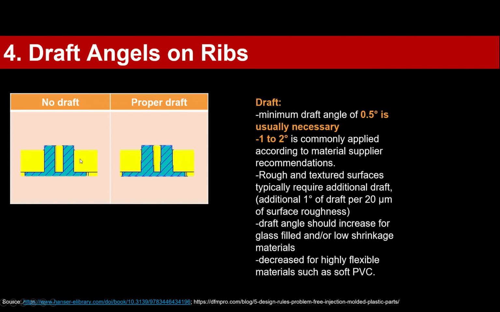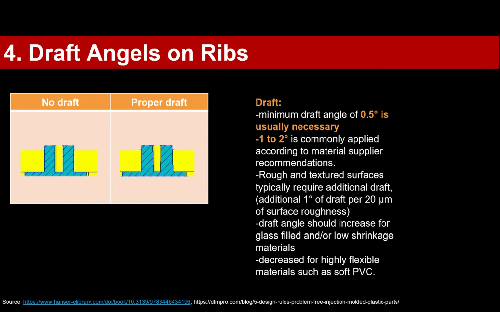In the left case, we have no draft angles, so no degrees of wall thickness change. So it's harder to remove the part, because it shrinks really onto the metal cores of the mold. So with a draft angle here and here, it is then easier to eject the part, because it's forced off the cores.